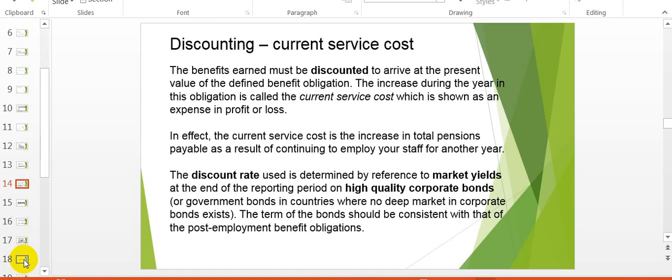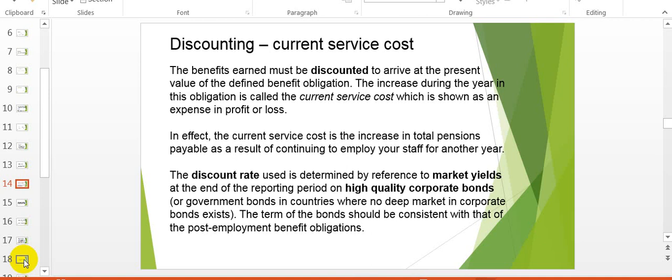This service is known as the current service cost. As the employees are rendering the service, the entity is required to recognize a current service cost, which should be arrived at by discounting.